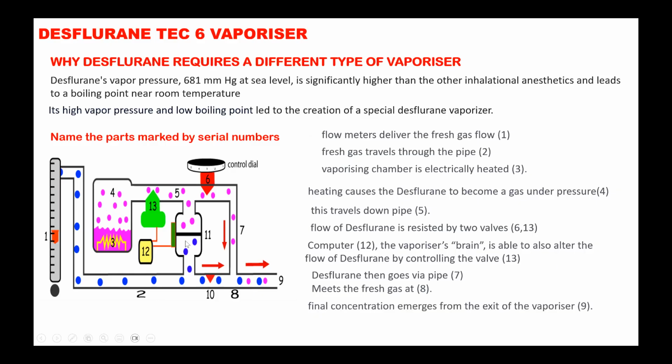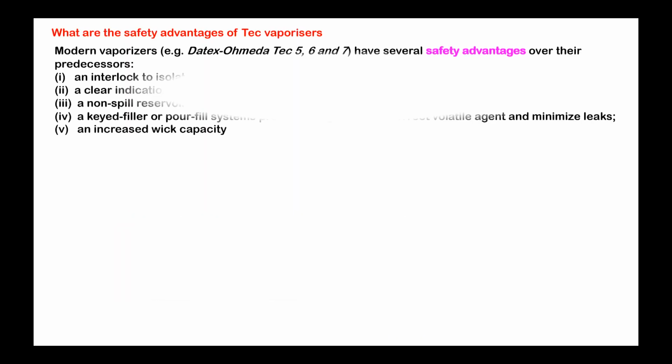So this is a picture to show all the parts and understand how it is working. Flow in pipe 2 has a fixed resistance at 10 in its path, and 11 is called the differential pressure transducer. All these parts, if you go through at leisure, you will be able to understand how it is working.